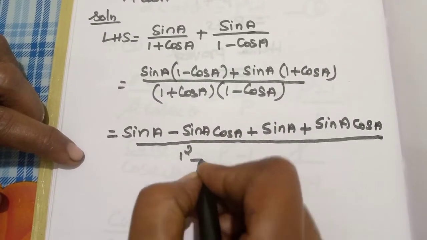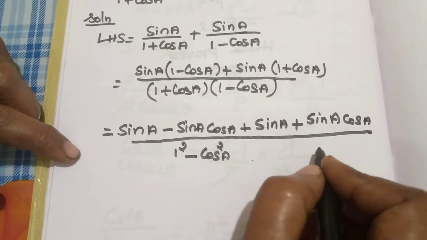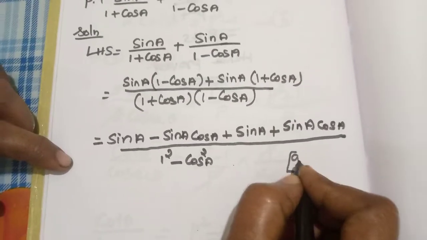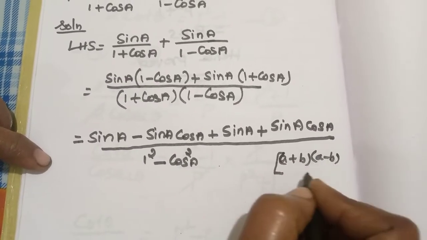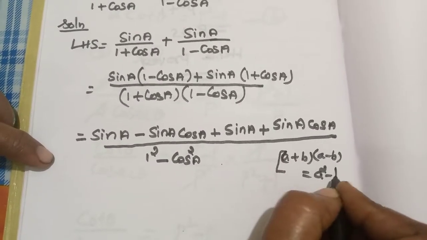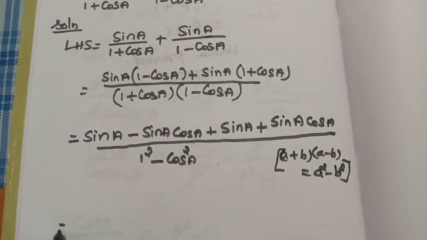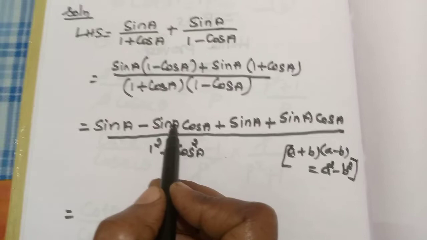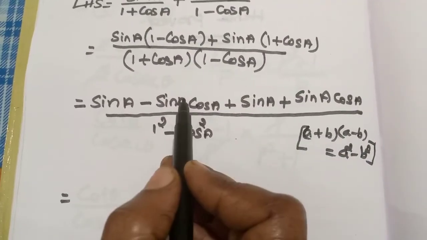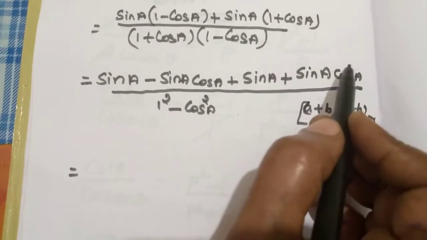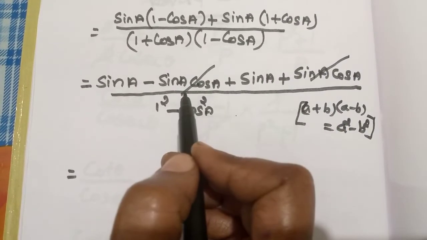So 1 square minus cos square A. If you need, write on the side: A plus B into A minus B equal to A square minus B square, which is equal to, now minus sin A cos A plus sin A cos A, like terms, plus and minus term, is 0. Like that, sin A cos A minus sin A cos A is 0, can be cancelled.